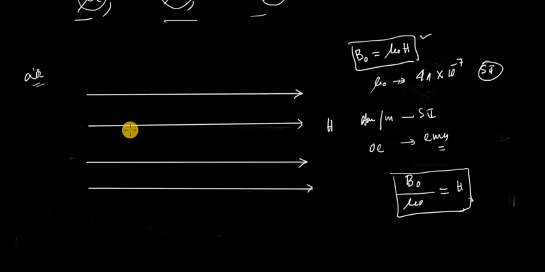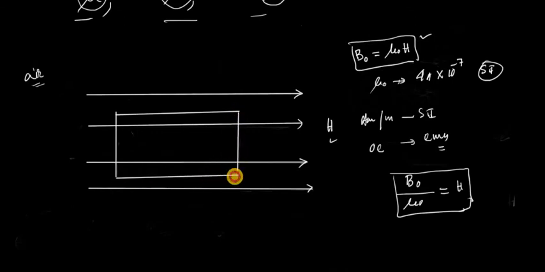Now suppose in this region where H exists, we place a magnetic material, a magnetic sample. We know this magnetic sample has a number of atomic magnets, and these atomic magnets are randomly oriented within the sample.